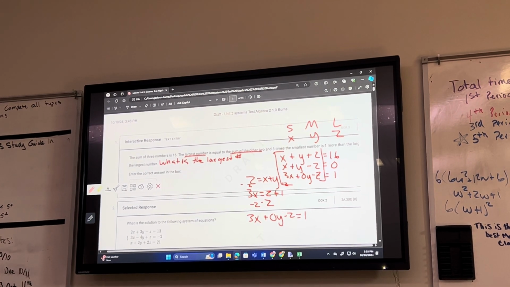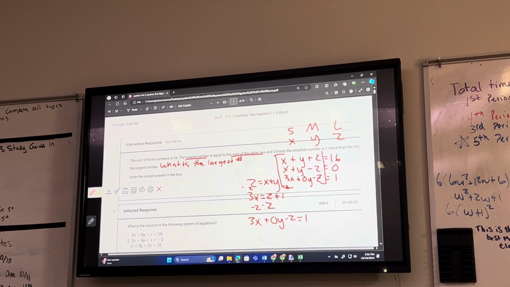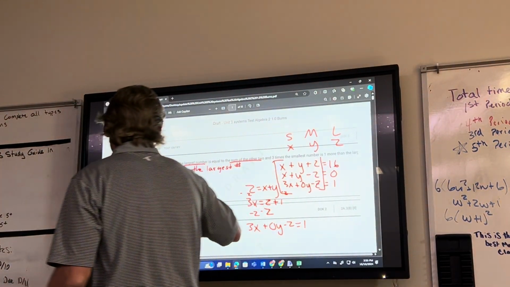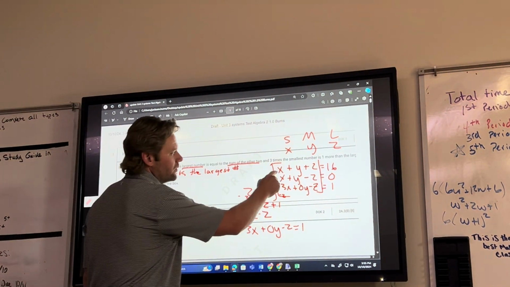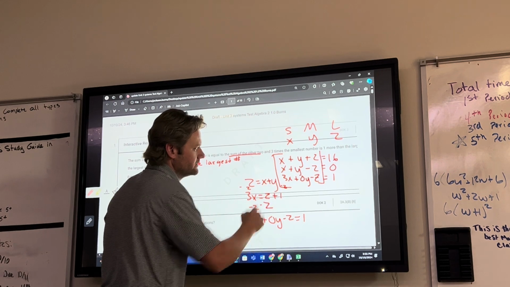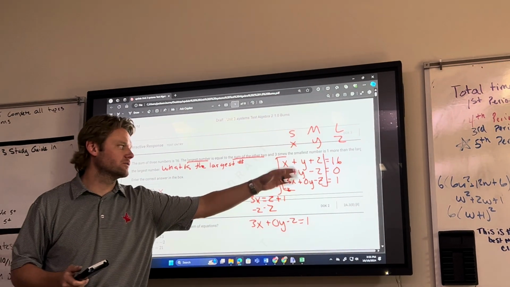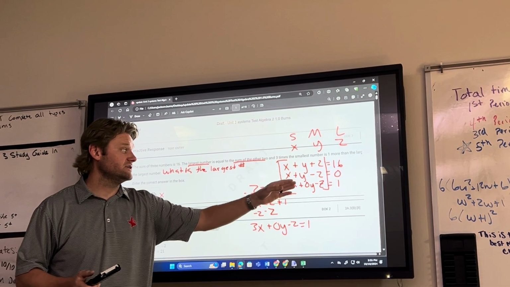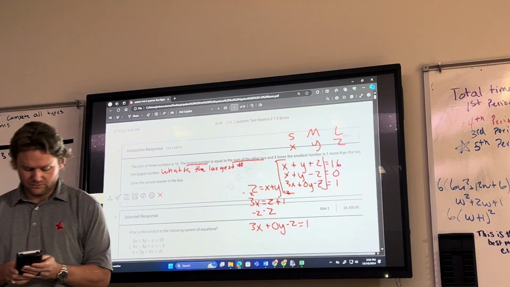All right, so I'll have to take this off to show my calculator. But you put it in the calculator, right? 1, 1, 1, 3 by 3, 1, 1, negative 1, 3, 0, negative 1, right?